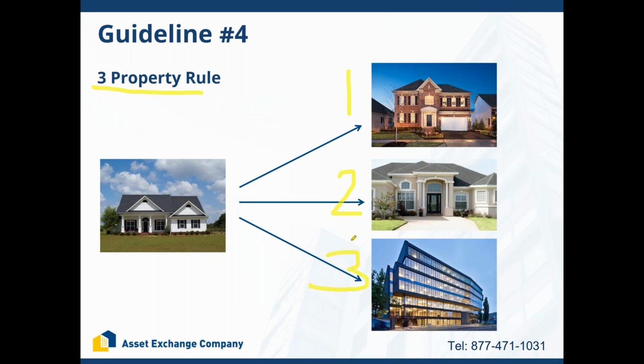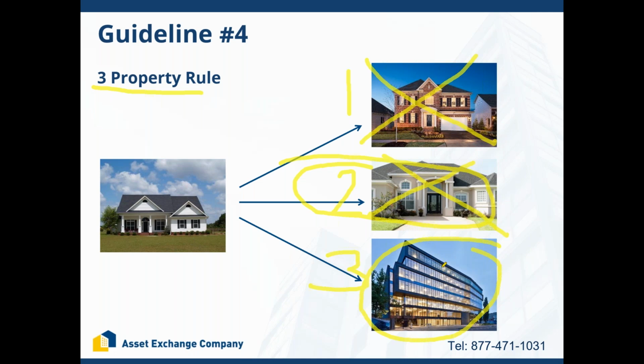Now, very importantly, once you submit your ID letter on day 45, you cannot change that letter after day 45. So if property number 1 gets sold to someone else, you've got to go to property number 2. If property number 2 gets sold to someone else, you've got 1 property left on your letter that you can purchase.